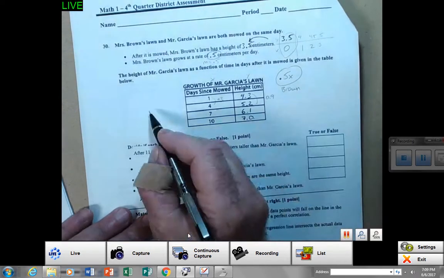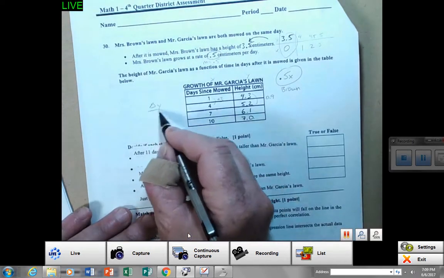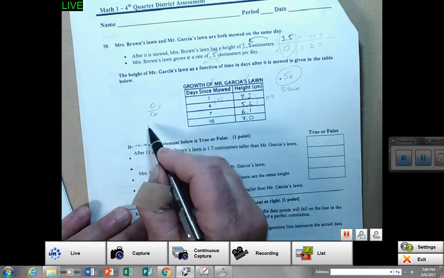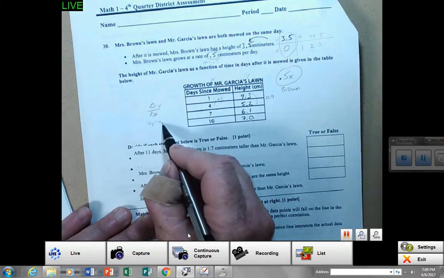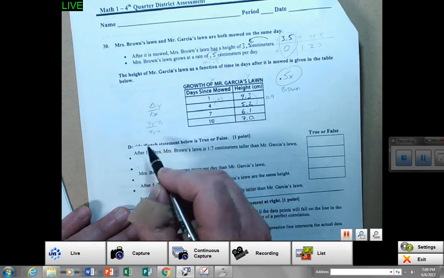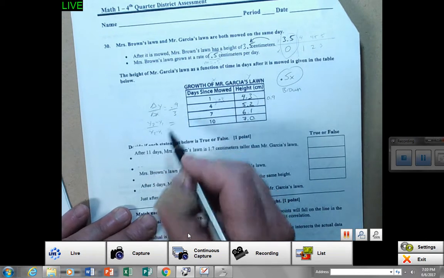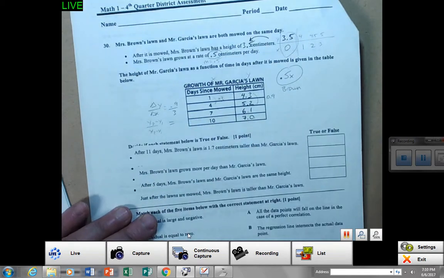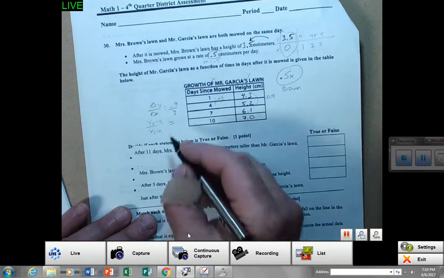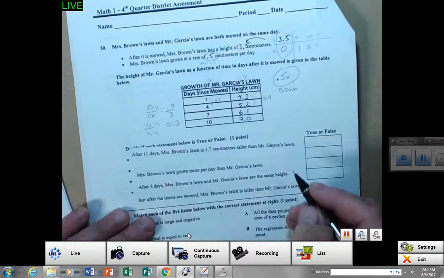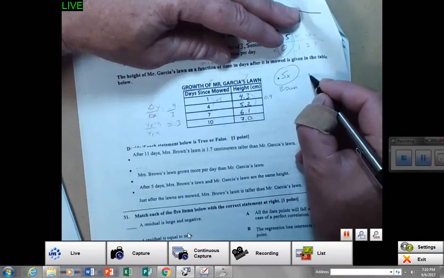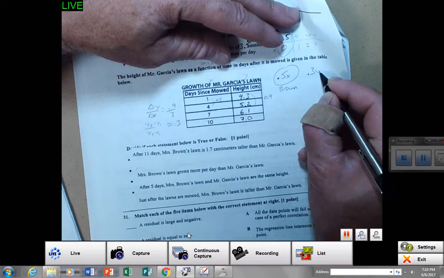Change in Y over the change in X, also could get that by subtracting the Y coordinates, remember? That would give me 0.9 divided by 3, which on my calculator gives me 0.3. So Mr. Garcia's rate of change is going to be used as 0.3x.